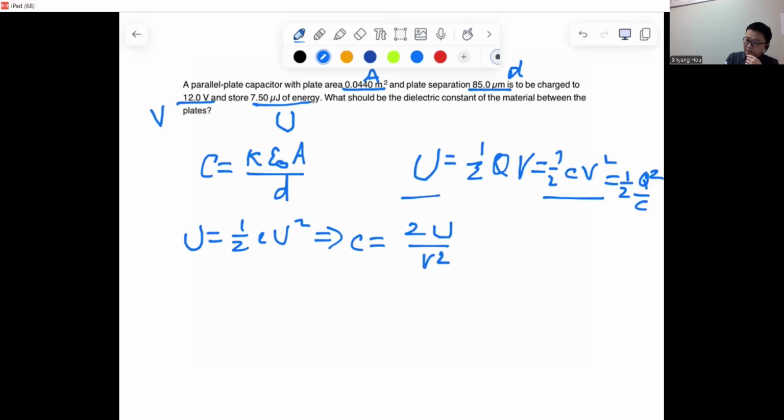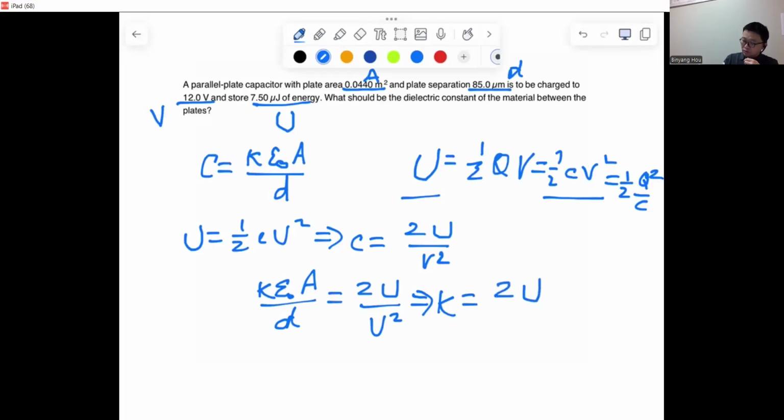So I will just say kappa times epsilon naught A over D equals 2U over V squared, and I need kappa. So kappa equals, you rearrange the terms, D goes to the right hand side, becomes 2U times D, and then V squared down here times epsilon naught times A. Then at that point I can plug in my numbers.